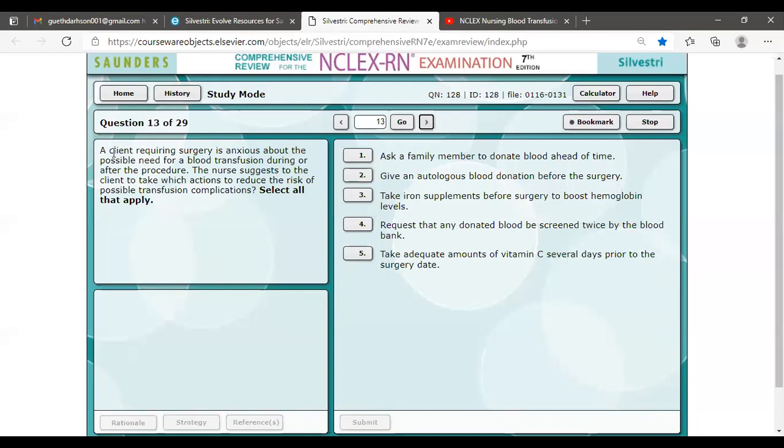Here, a client requiring a surgical operation is very anxious about the possible need for blood transfusion during or after the procedure.